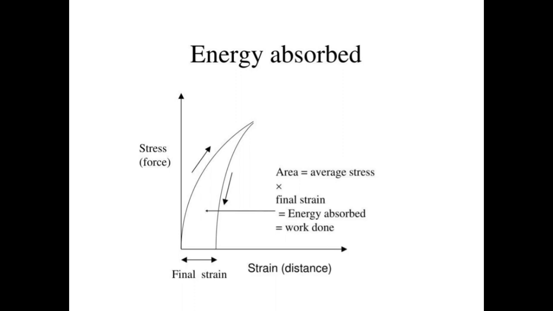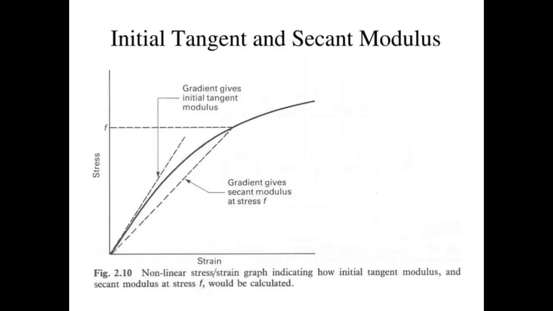It is the area, which is the average stress times the final strain. E is the energy absorbed, the work done, how much energy is given to do the work, right? That is the energy absorbed principle.